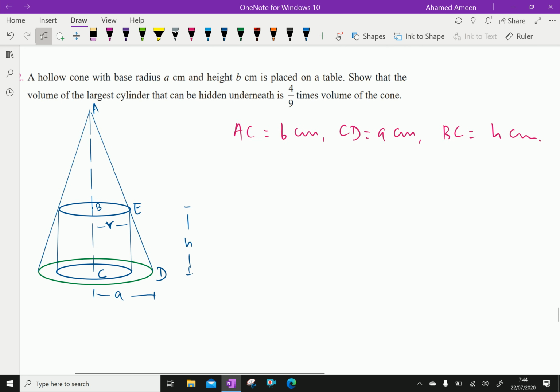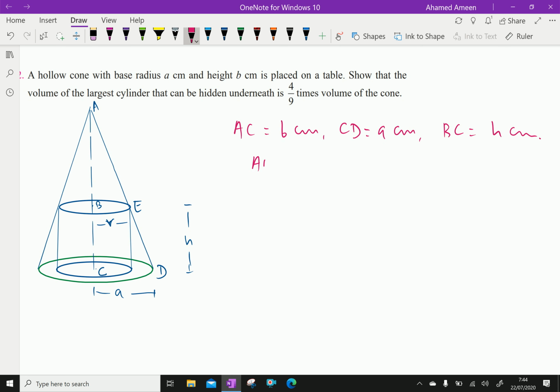Now from the figure, AB equals AC minus BC. Here AC is B centimeter and BC is H centimeter, that is B minus H.